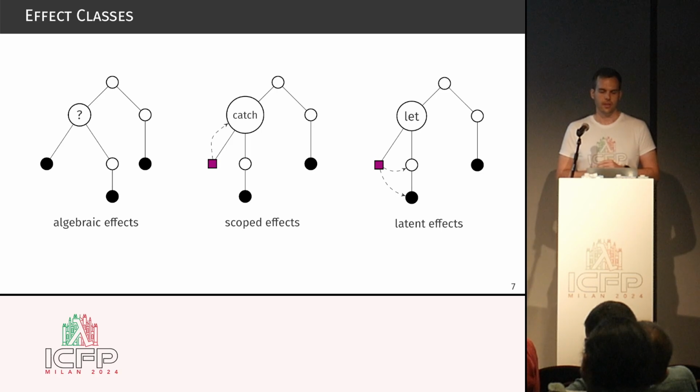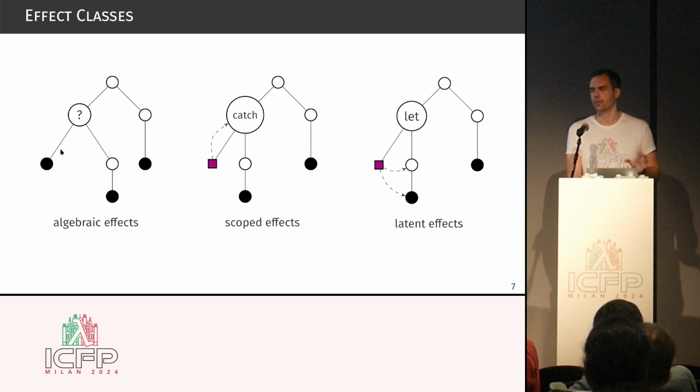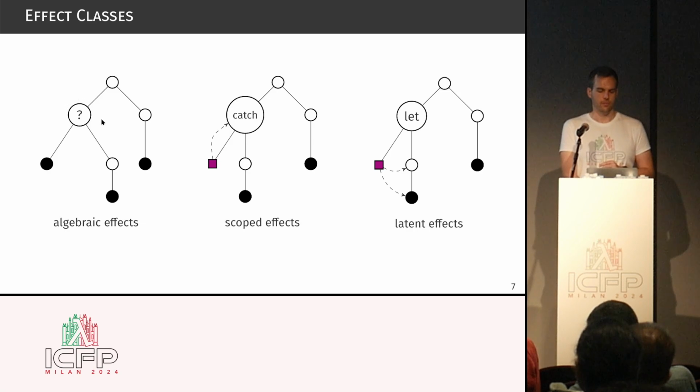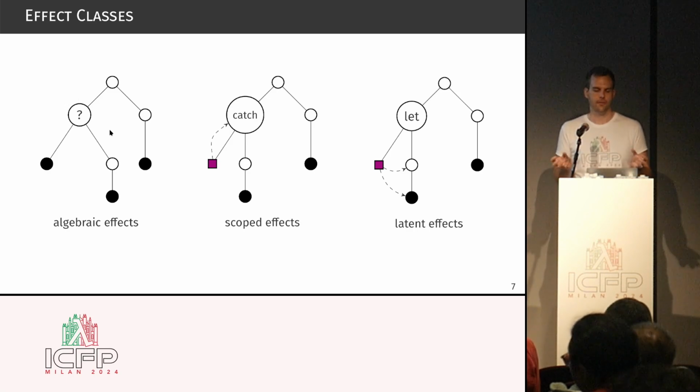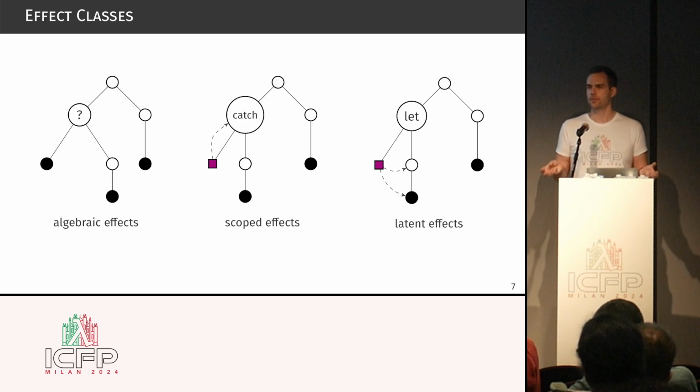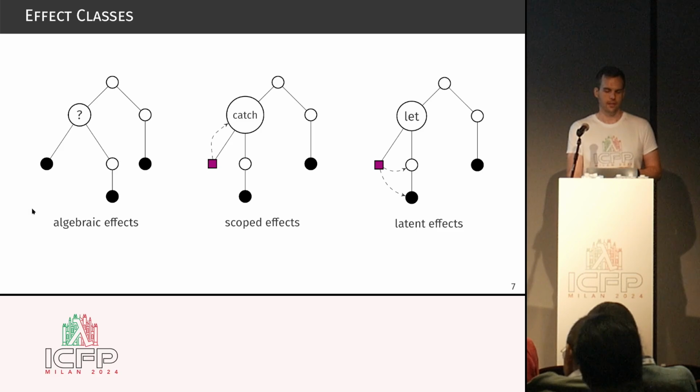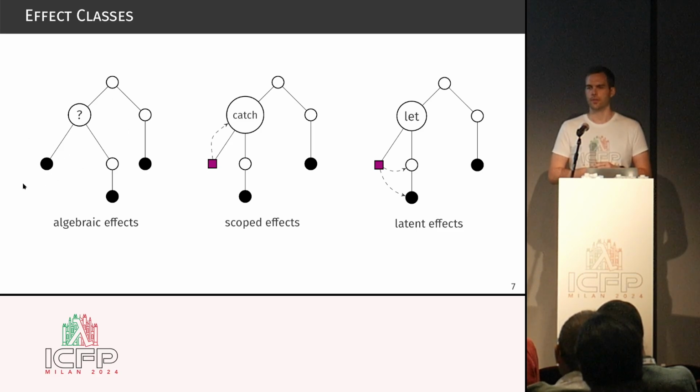What algebraicity means in the context of effects is that all the child nodes of a specific node, for example, the choice node here, should be treated equally when we transform the tree. And for non-determinism, this is fine, because we say we have two equal alternatives that can happen, and whatever transformation we apply to this tree should happen to both parts of this node. But this is not always the case.